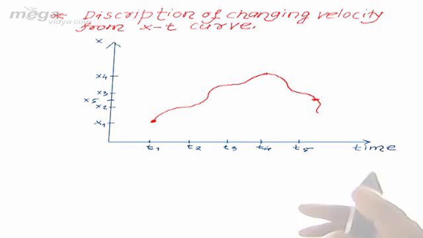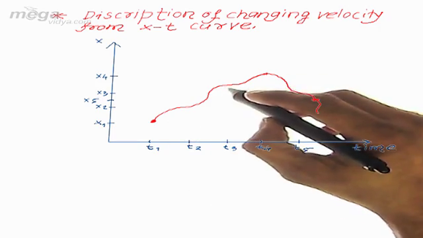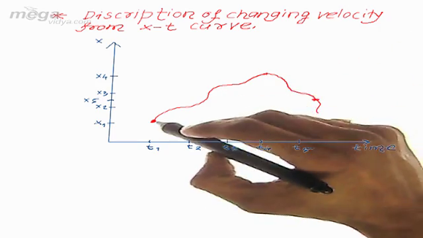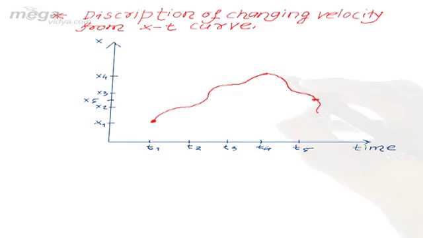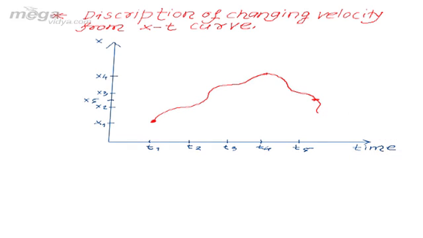What you see here is that at different times the particle's velocity is different because of the curvature of the curve between position and time. This curvature represents the way in which position is changing. As we know, the curvatures of this curve are different between different time intervals.